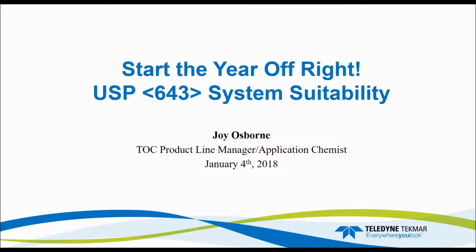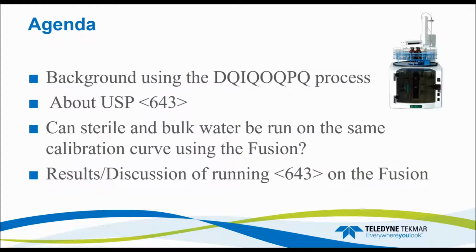All right, so let's start off with the agenda. Today we'll talk about the process of validation of analytical instrumentation using the DQ, IQ, OQ, PQ process. We'll talk about USP 643, the requirements, the purpose, and how to help you pass those requirements.